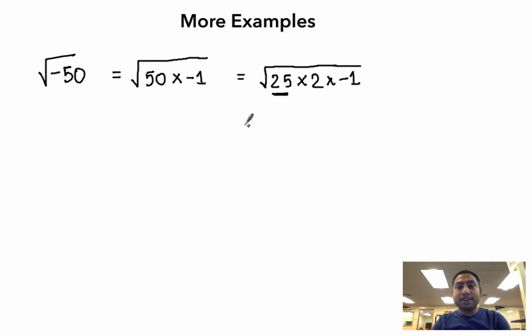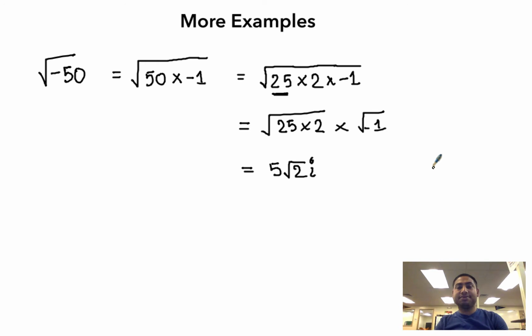Okay, so now this is the same as the square root of 25 times 2, I'm going to group this together, times the square root of negative 1. Now here, the square root of 25 is 5. The square root of 2 doesn't simplify further, so I'm just going to have 5 square root of 2 there. And then the square root of negative 1, by definition, is i. Okay?